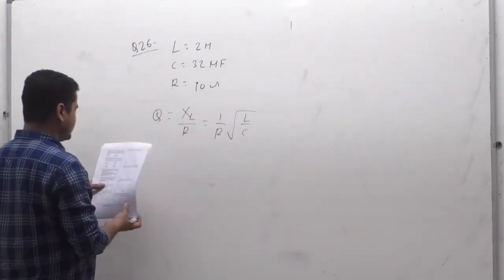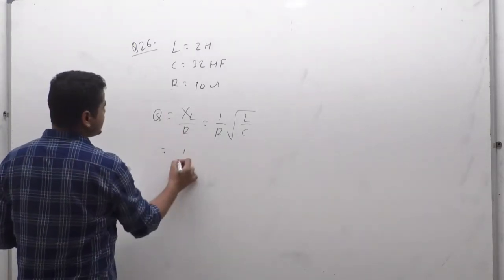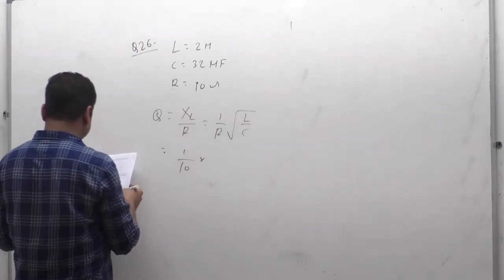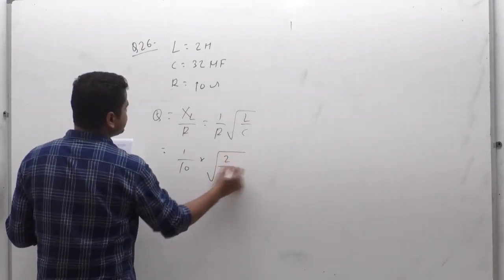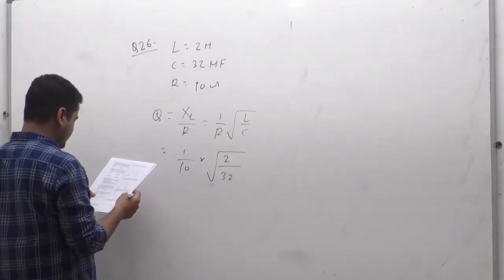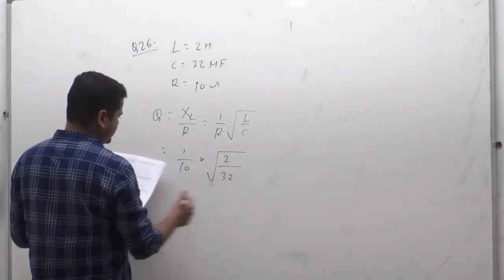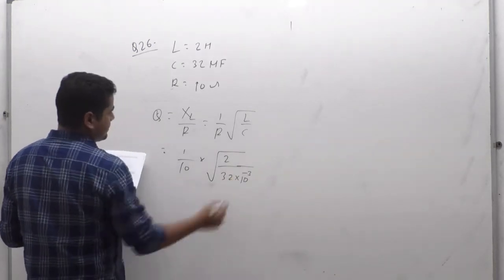The resistance is given as 10, so 1 upon 10, and L is 2, capacitance is 32, but its unit is microfarad, so micro means 10 raised to the power minus 6.